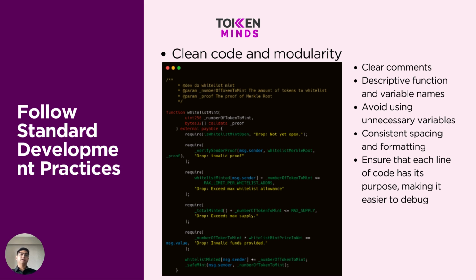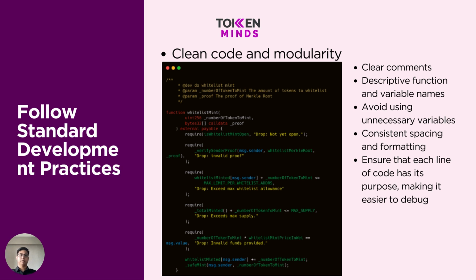So, clean code and modularity. Separate your logics into small functions to make it easier to understand. In this case, auditing will be much easier. Writing clean and readable code has always been standard practice in programming, which a lot of developers usually practice.